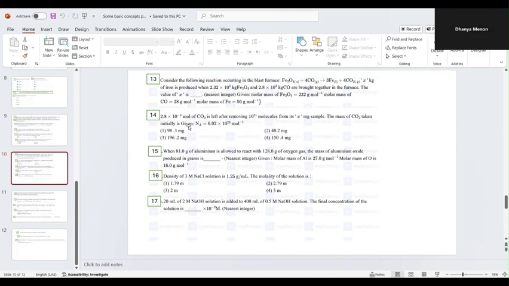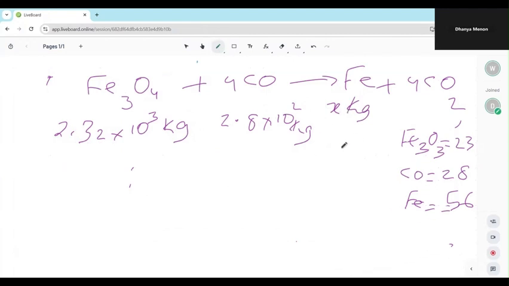Okay, so this is the information that's given to you. This is the amount of iron oxide reacting with this amount of carbon monoxide to give you X kg of iron, and the masses are given to you.